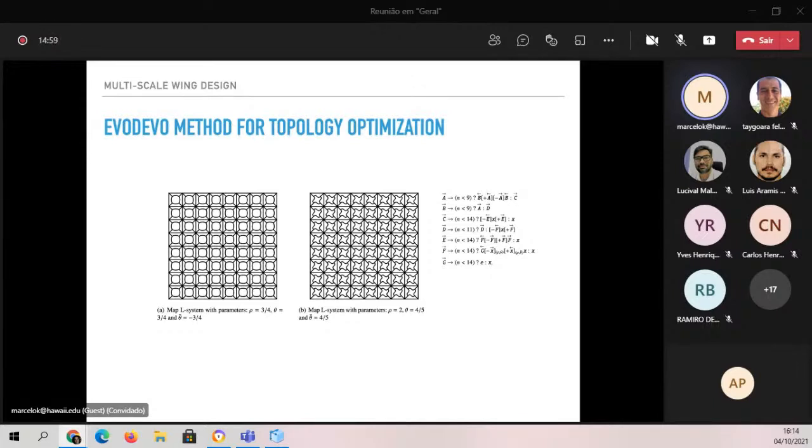And so the way we proceed here is we have programs that can develop structures in a series of steps, and then we evolve the program using natural selection, mutation, and crossover, the same way that nature evolves organisms, or populations of organisms, to evolve solutions for aircraft design, or for design in general, but in particular for aircraft design.